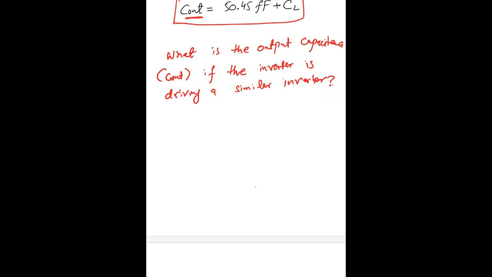We are talking about a condition where we have one inverter and this inverter is driving another inverter that is similar to this inverter. So we have to understand what will be the total output capacitance of this first inverter. Obviously that can be found from this formula here. So that is a question for you to understand.